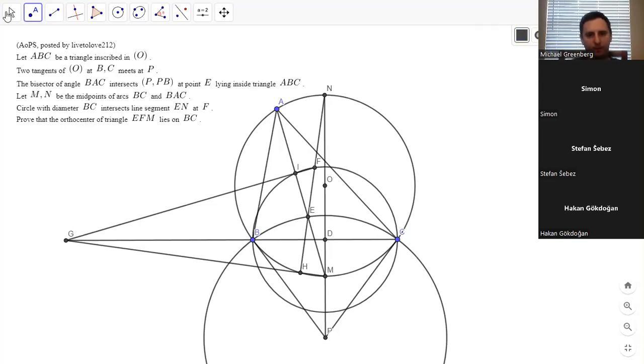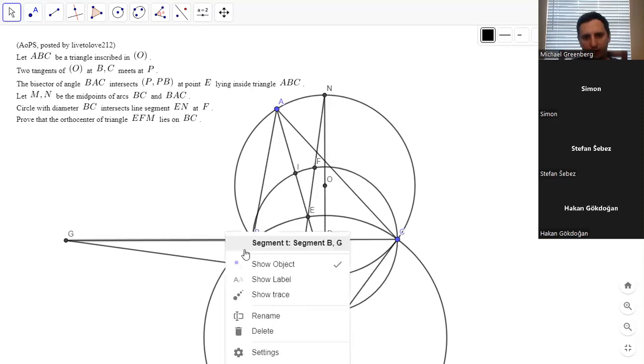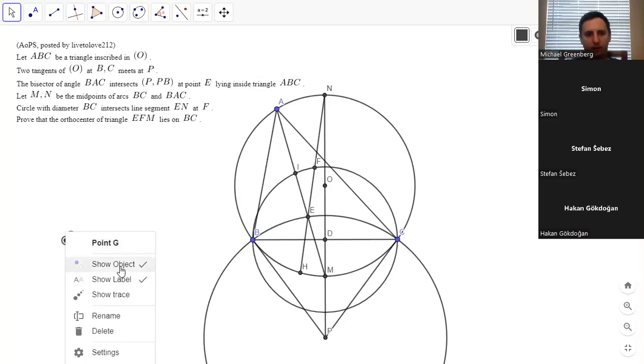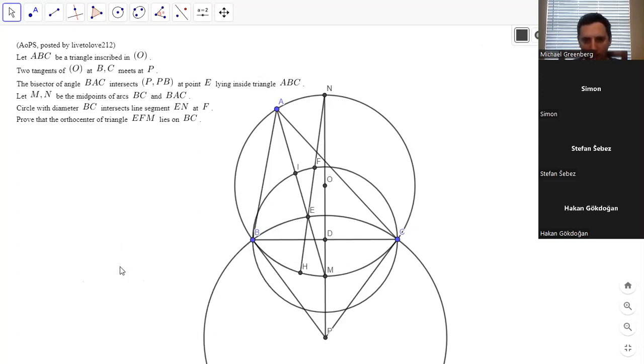One way we could do it is we could try to show that I, F, H, M, and BC are concurrent, right? That's equivalent. That might be easier. And is IFHM cyclic?